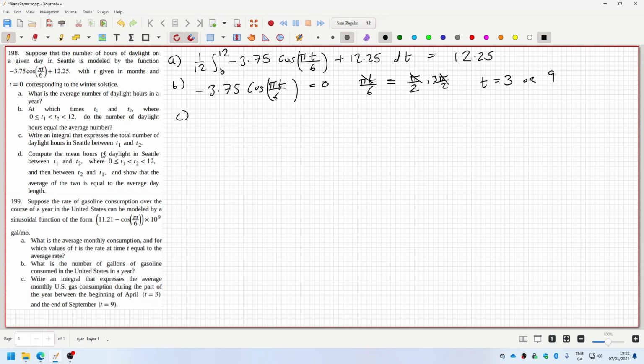It's like how many hours per day over the whole year. I think it would just be the integral without the 1/12th.